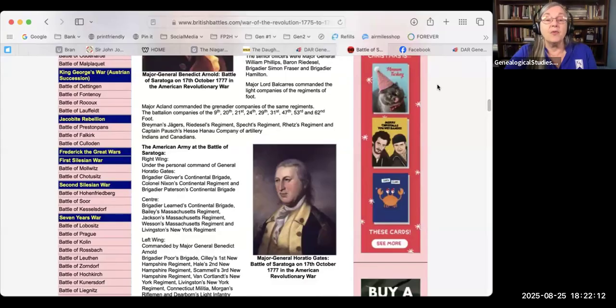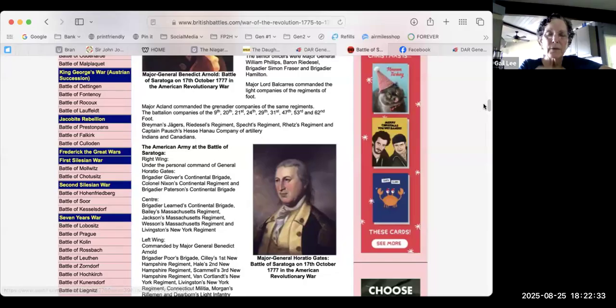What I like about this is it goes down and says what British regiments were part of this battle. But then look right below it, there are the other loyalists, the German regiments and the loyalist regiments that were part of it.